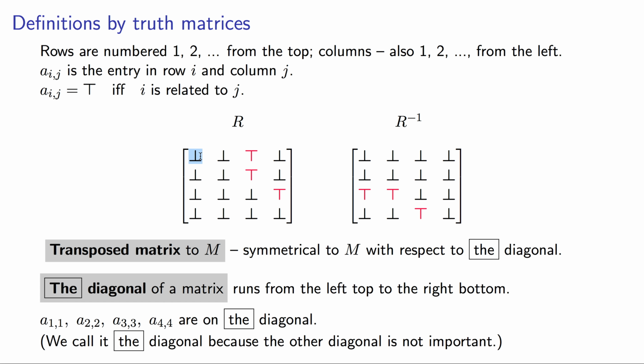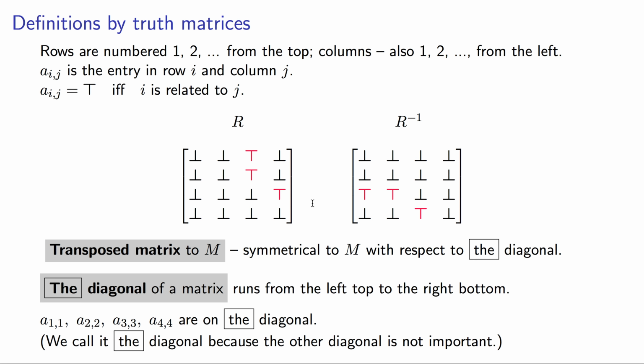So entries A11, A22, A33, A44 are on the diagonal. We call this the diagonal because the other diagonal is not important.